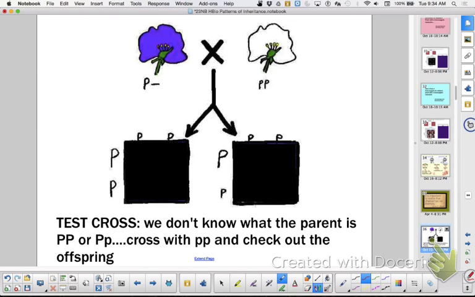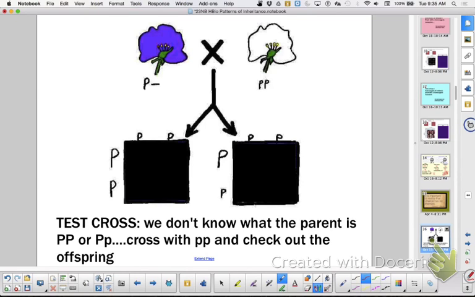Alright, so if it was a big P, it would be all across the spectrum, but if it was here, then it would be 50-50. But if it's a little p, there is a chance that it could be white. So it's a 50-50.